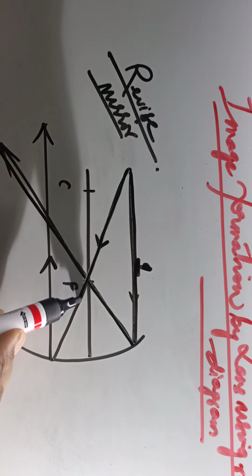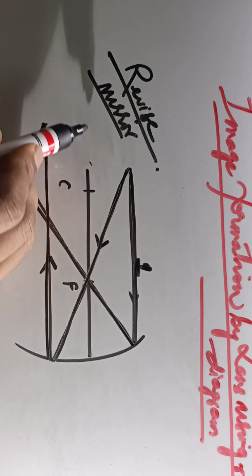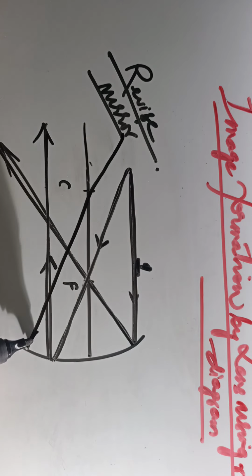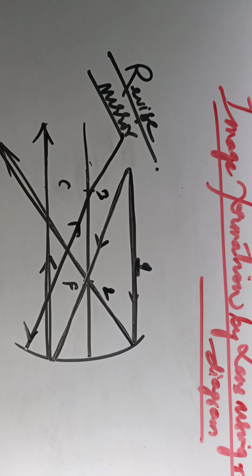A ray of light which passes through the focus after reflection will become parallel to the principal axis. And the other one, a ray of light which passes through the center of curvature travels straight, taking the same path back. So these were the three rules that we have seen in case of mirror for finding the image formed by a mirror.